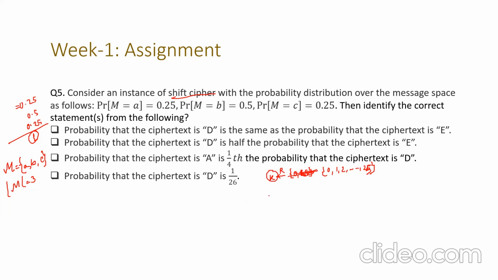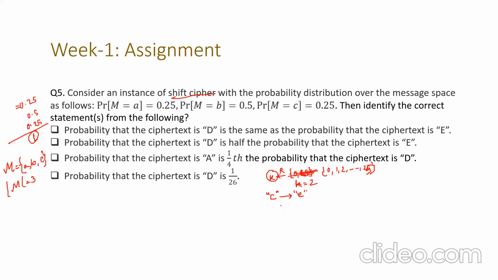Now, whenever you get some English alphabet, let's say you get C as the plaintext, and let's say the key was chosen to be 2. Then C is shifted by position 2 and gets mapped to E. That is how shift cipher works.